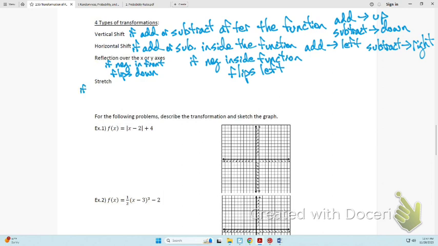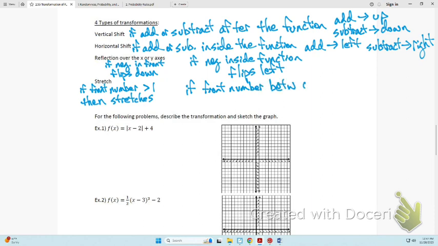Stretching, if front number is large, greater than 1, then it stretches, or any of the other words on the previous page. If front number is between 0 and 1, it shrinks.